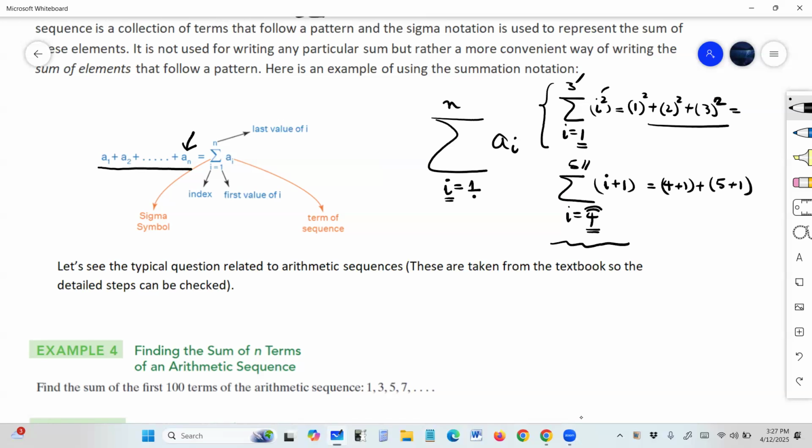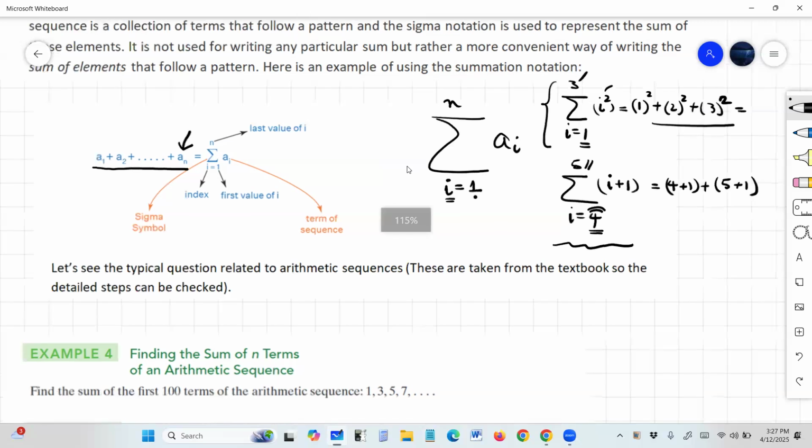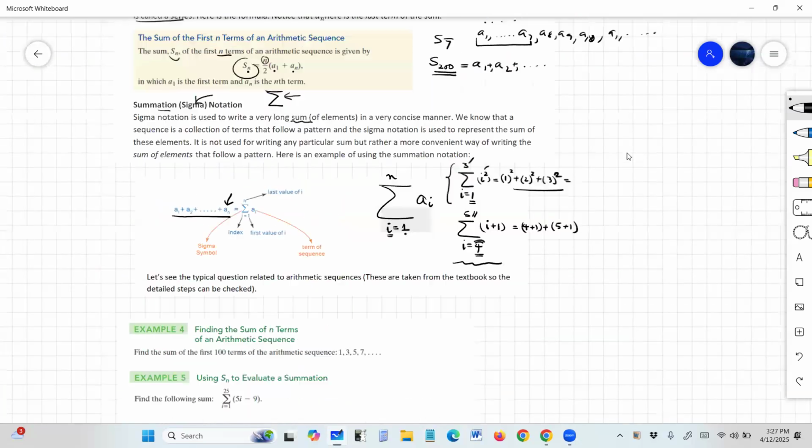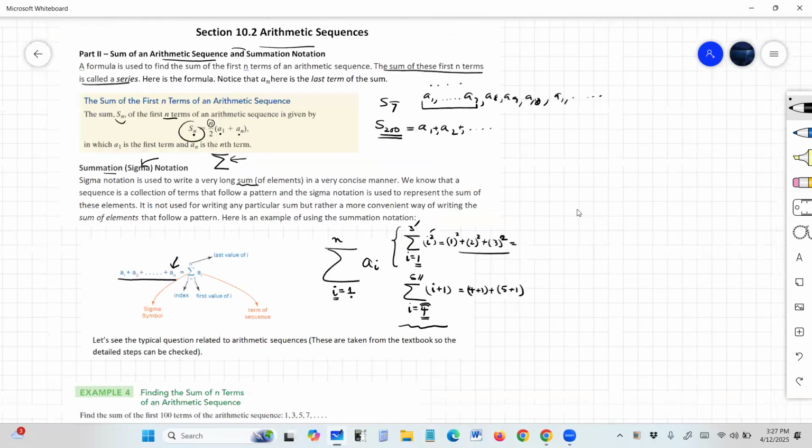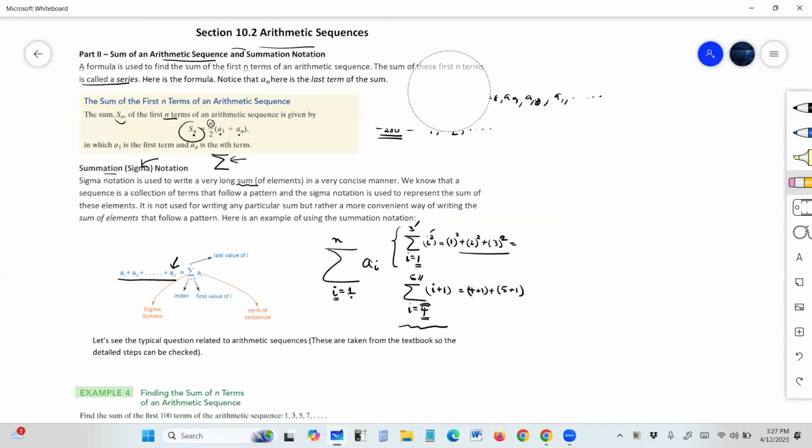Okay, and the reason for that is, here's the formula. All right, so let's just go back and take a look at the formula again. This is a formula for the first n terms, meaning we have to start at A1 and we're going to have to end at whatever point we're trying to end at.